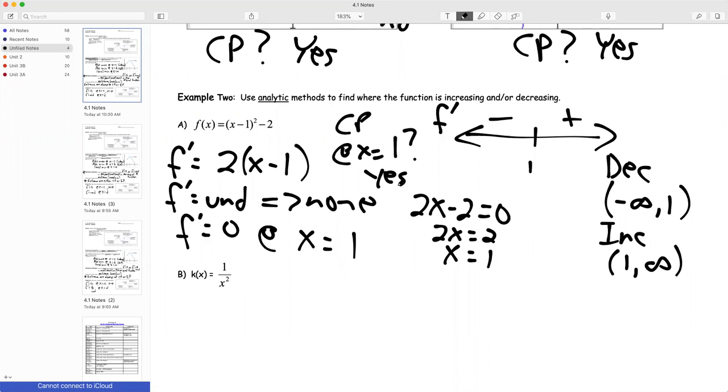Any questions on that example? How do you get undefined again? Usually it's going to be undefined if you have a denominator and the denominator is going to be 0. Or maybe you're taking the square root of a negative number or something like that. But in this case, I just have 2x minus 2.